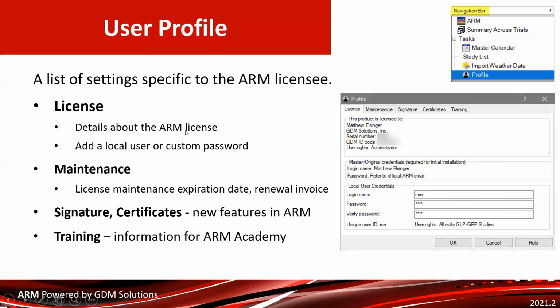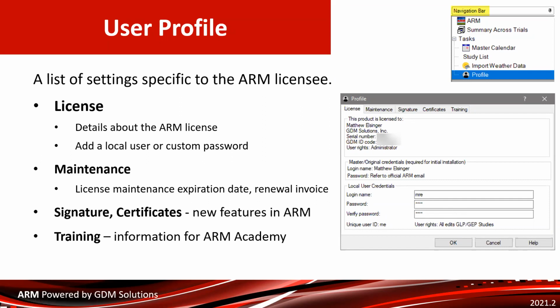So the first section is license, just putting down the details of that ARM license. We also made it easy to add a local user or a custom password here on this screen. In my example, I customized my username. So instead of writing my full name, I just have my initials and I keep the same password.